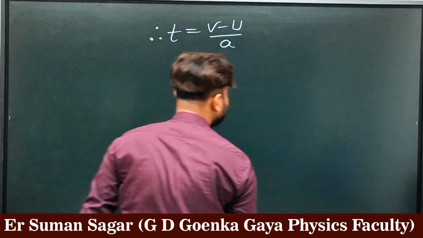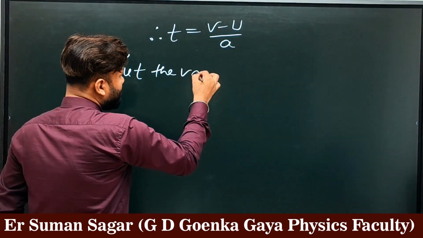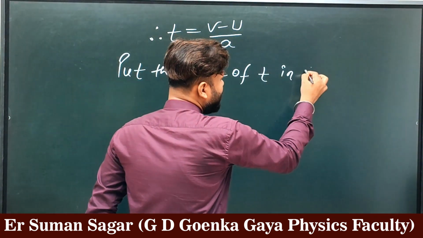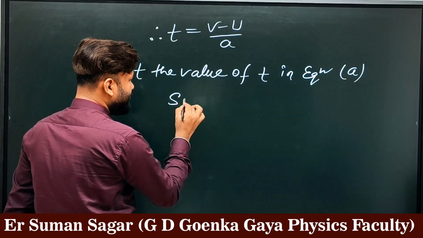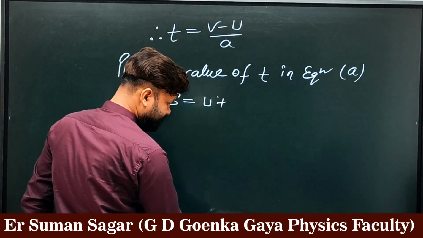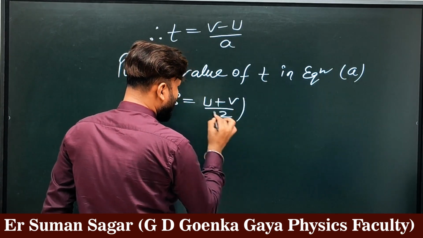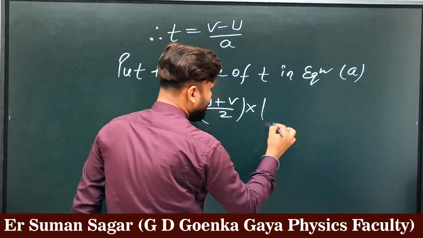So we will write, put the value of t in equation A. So what is the equation A? s is equal to (u plus v) by 2, and in place of t, what you will write? (v minus u) by a.